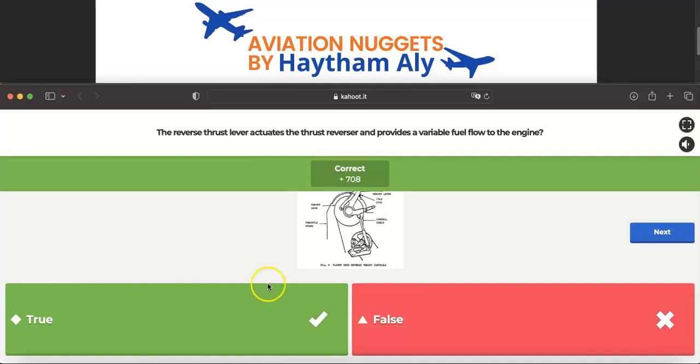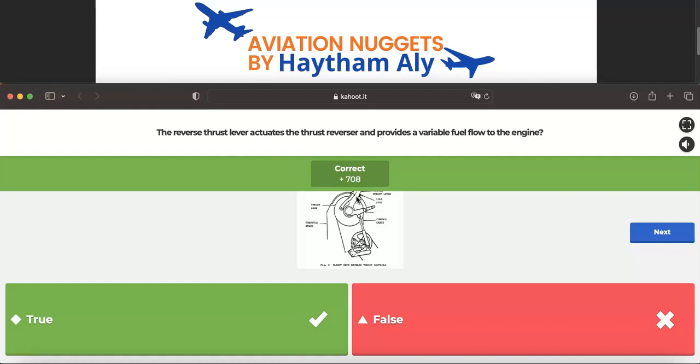Okay. So, yes, the reverse thrust lever or thrust reverser latching lever allows the throttle lever to go to the reverse thrust part, like idle reverse and the maximum reverse. First you need to put the throttle lever on the idle reverse and allow the translating sleeve or blocker door to fully open.